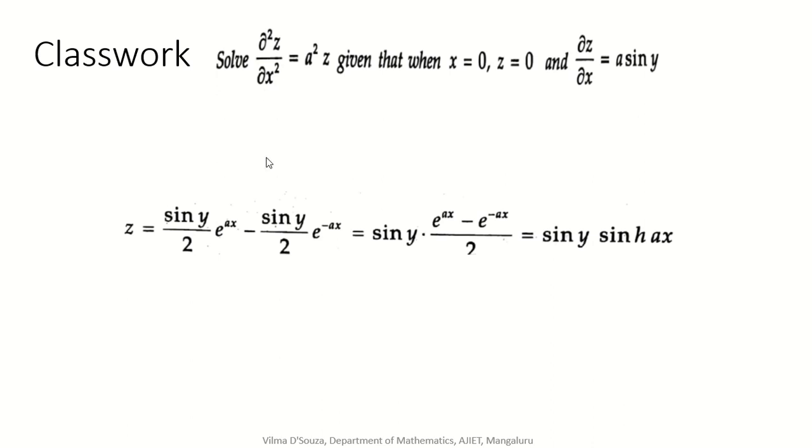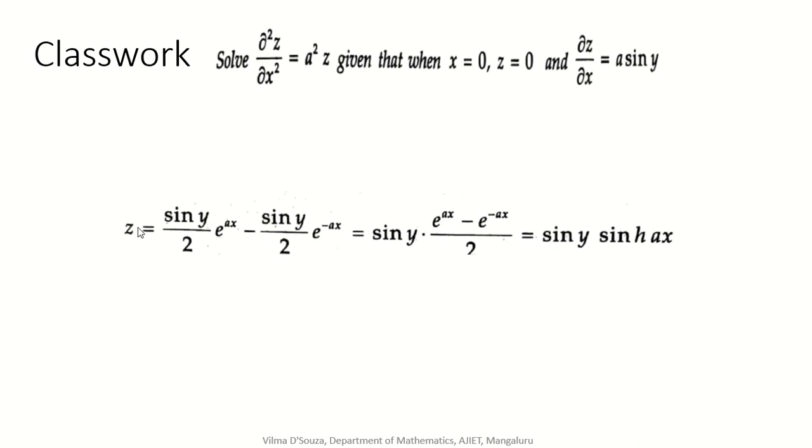The PDE becomes ODE. So write down the auxiliary equation. Write down what is z in terms of x. Then consider the solution of PDE. Find f and g. You will get f is sin y by 2 and g is minus sin y by 2.